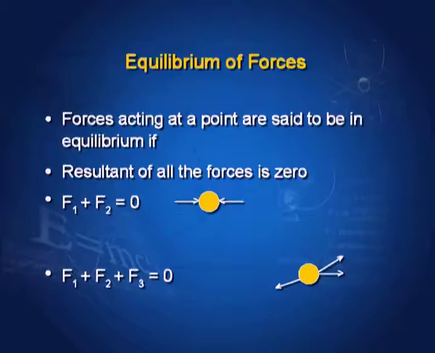According to Newton's third law, F1 and F2 have to be equal in magnitude and they have to act in the opposite direction. Now, if three forces F1, F2 and F3 are acting on a body at different angles in such a way that their resultant is 0, then vector F1 plus F2 plus F3 equals 0.